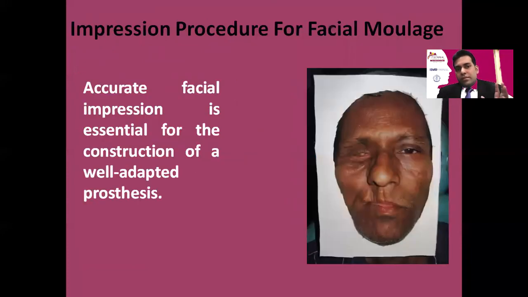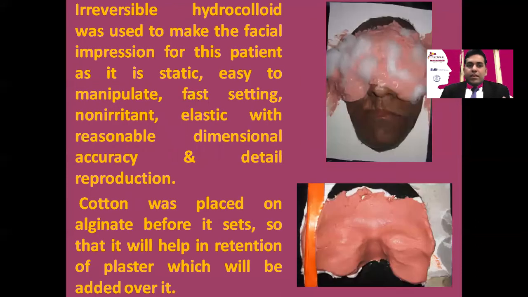So, an accurate facial impression is essential for construction of a well-adapted prosthesis. We decided to proceed with the usual protocol, and the frame fitting to the face was fabricated, and irreversible hydrocolloid was used to make the facial impression for this patient, as it is static, easy to manipulate, and fast setting.